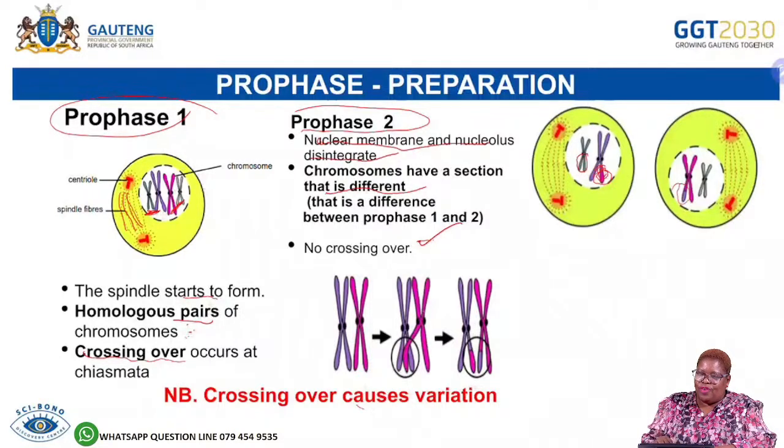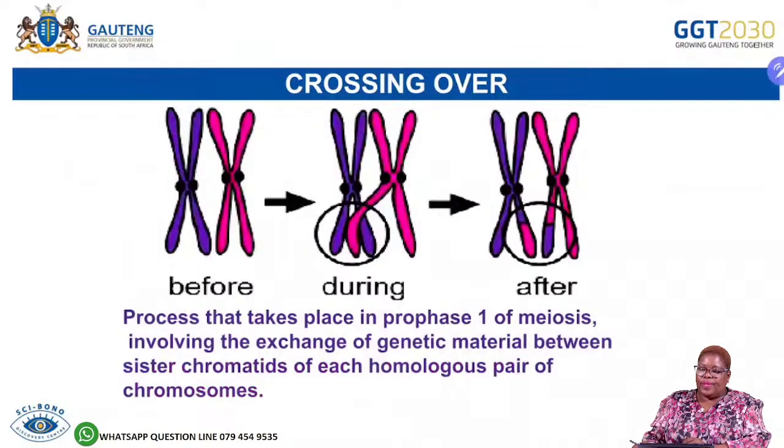When crossing over takes place, this area is a point where crossing over is taking place, and this will lead to variation. So crossing over causes variation. You can be given in an exam to explain what you understand by crossing over.